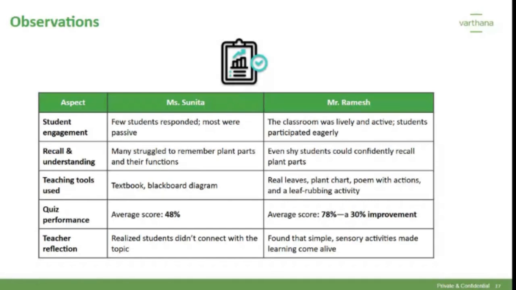And when we measured the scores of the two teachers after the test, with the first teaching methodology the students scored 48%, and in the second approach they scored 78%. So they showed an improvement of 30%.